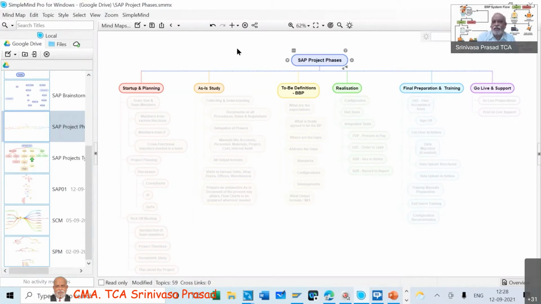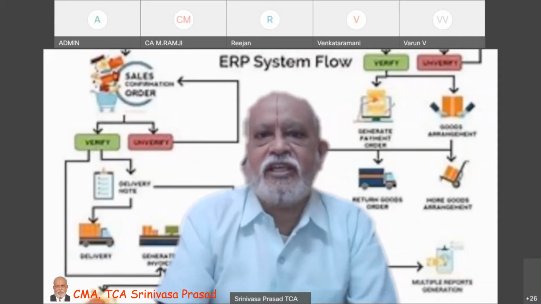To do all these things, we have to get into the roles and authorizations developed and implemented in the company. For that, we should have some basic information about ERP, especially the SAP environment, since people wanted this. So with this, I will stop sharing my screen.